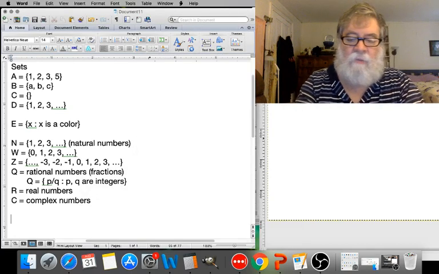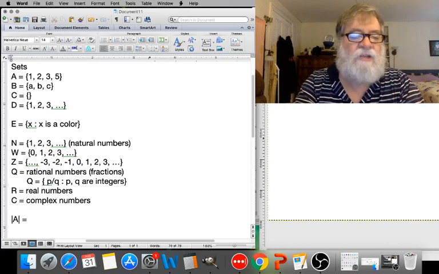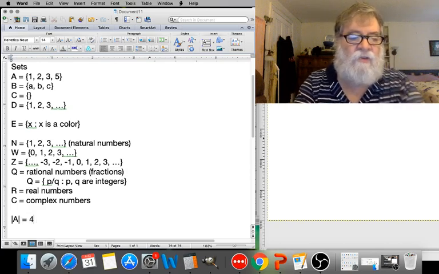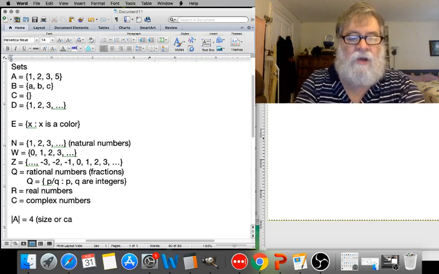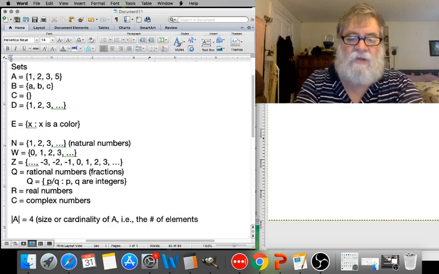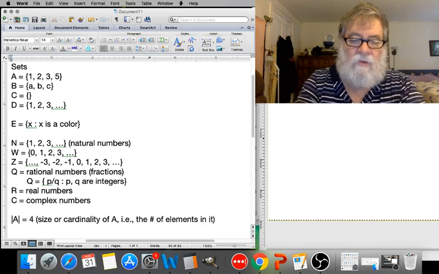Okay. We use the absolute value bars to mean size. So the absolute value of A, or the size of A, is 4. That is the size or cardinality of A, i.e., the number of elements in it. So the cardinality of C, which is empty, is 0.